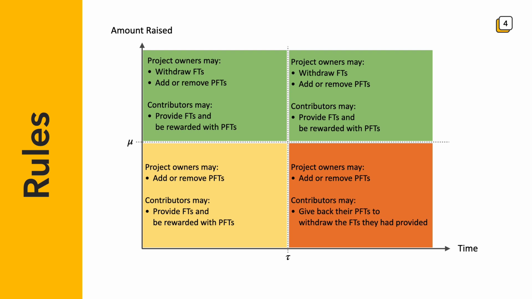And if the amount raised has not reached the minimum and the time has passed beyond the deadline, then contributors may give back their proof of funding tokens and withdraw the funding tokens that they had provided.